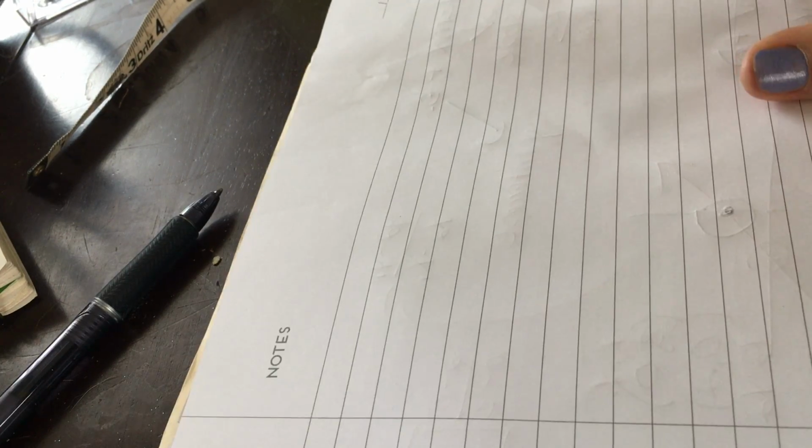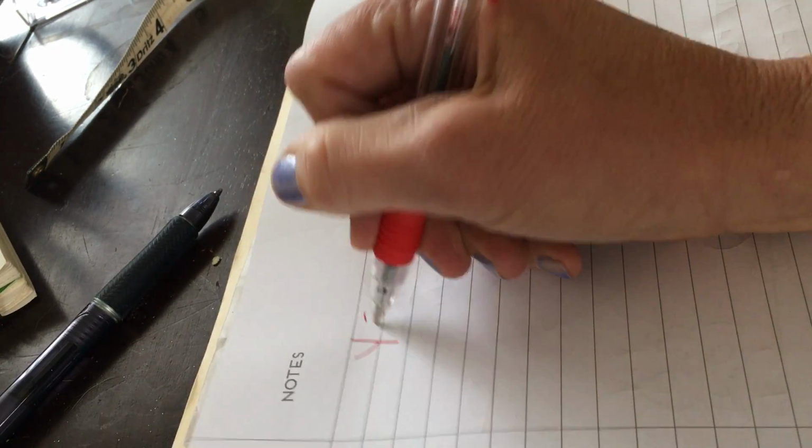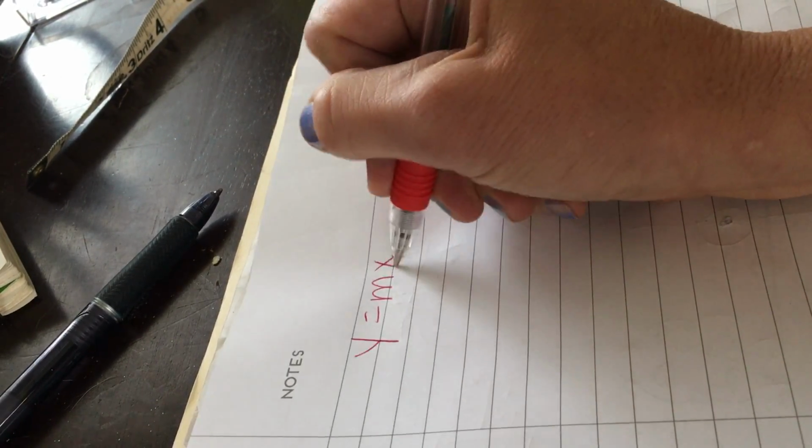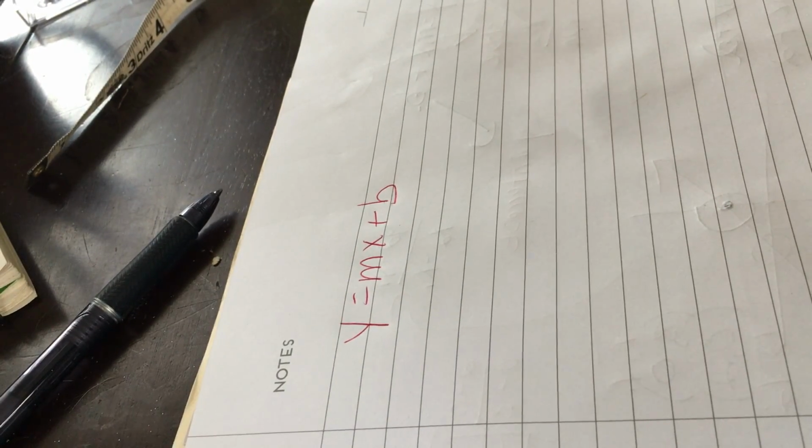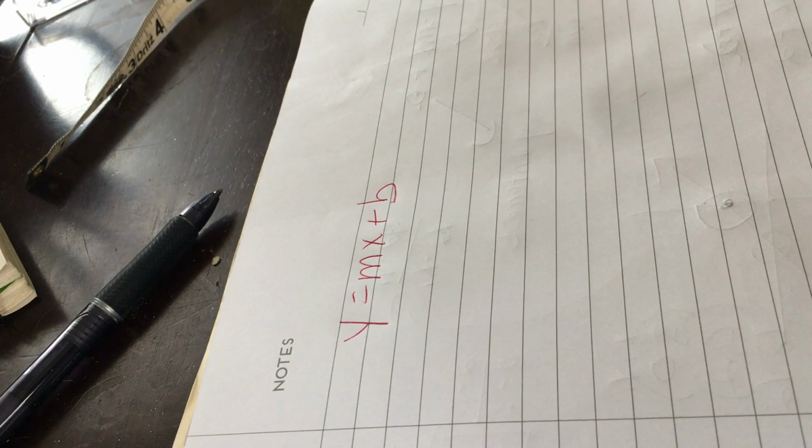Okay, the first page of your blue notes has an example of y equals 2x plus 3. Something that I always do, even now, is write the form of slope-intercept form at the top of my paper every single time.